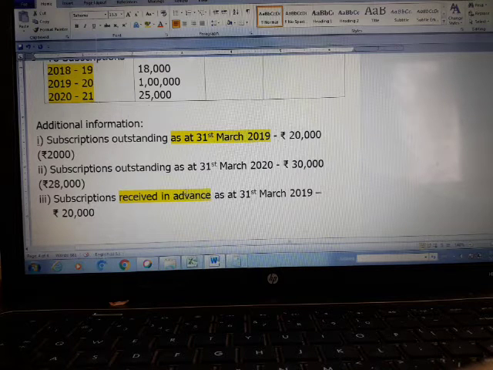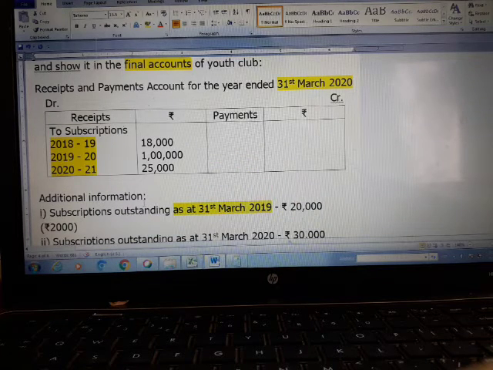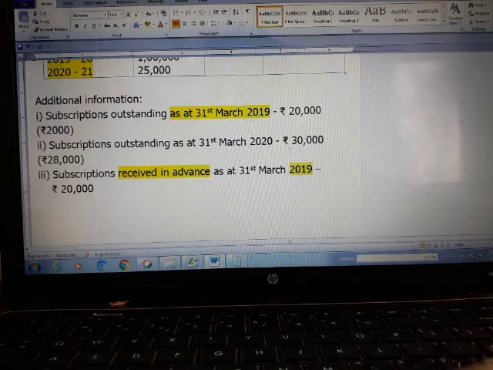You have to see for which year it is. It is subscription that was received in advance as at 31st of March 2019. That means this advance subscription pertains to which year? The next year, that means 1st April 2019 to 31st of March 2020, whereas we are now dealing with that particular year only. We have been asked to prepare the receipts and the final accounts, as well as the subscription treatment, only for that particular year. So the subscription which you received as an advance in the previous year should not be subtracted, it should be added.